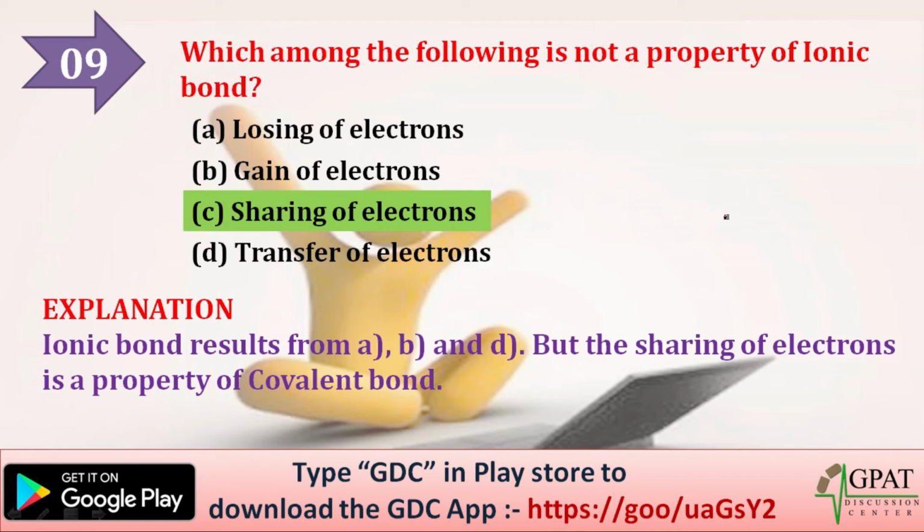Ionic bond results from A, B and D, but sharing of electrons is a property of covalent bond. It's not a property of ionic bond. So the correct answer is sharing of electrons.